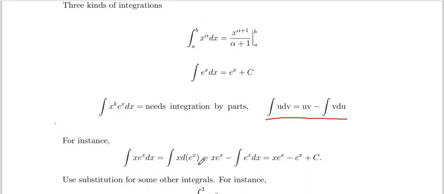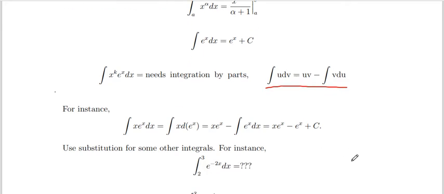For example, like this one, x e to the x dx equals this. We put x de to the x, so x e to the x minus this. Such problems are the most difficult ones, since we need integration by parts.